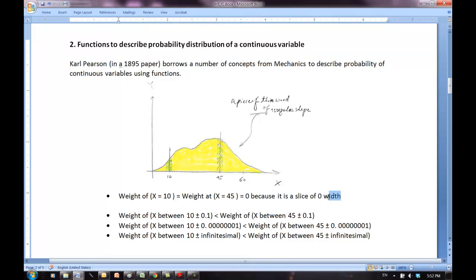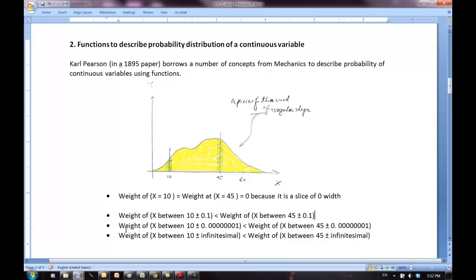But if we increase the width of the slice from 0, say to 0.1, then we'll realize that the weight of this slice, which is centered at x equal to 45 with plus and minus 0.1 width, will be heavier than that of x centered at 10, because the height at 45 is higher than the height at 10.